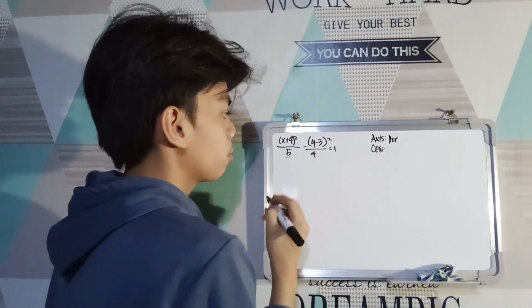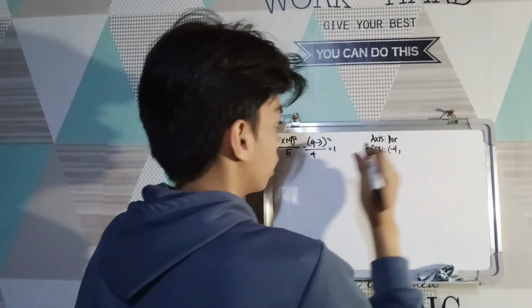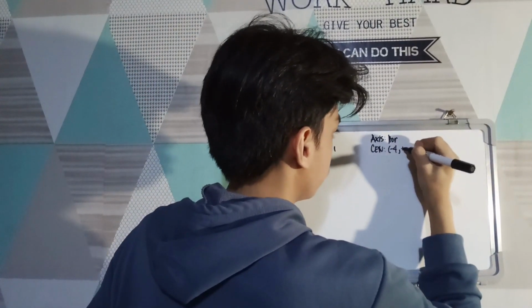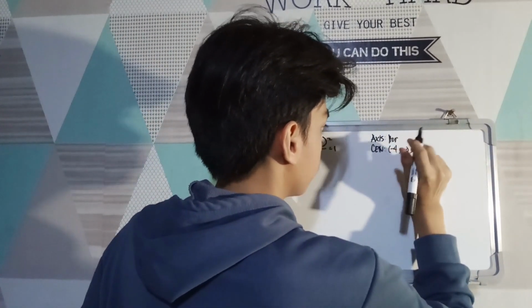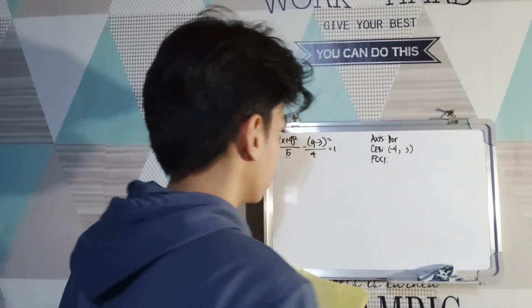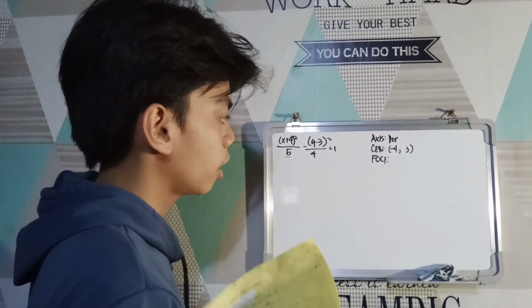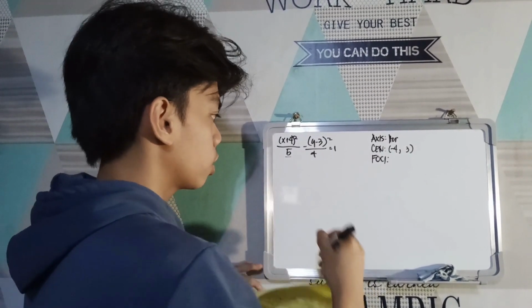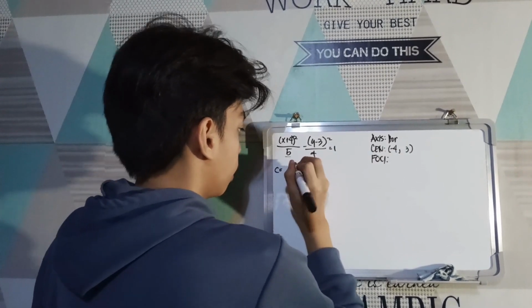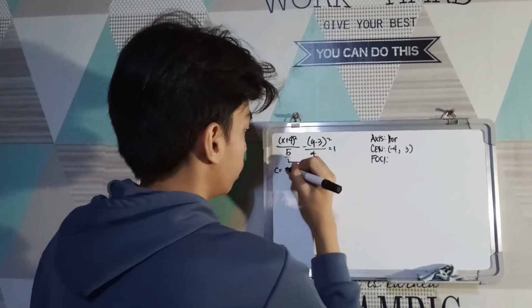Ang h natin is positive 4, so magiging negative 4. Then, si negative 3 magiging positive 3. Next is foci. Ang foci sa horizontal is h plus or minus c. So, hanapin muna natin si c. Pag-add natin ang denominator, 5 plus 4, 9.